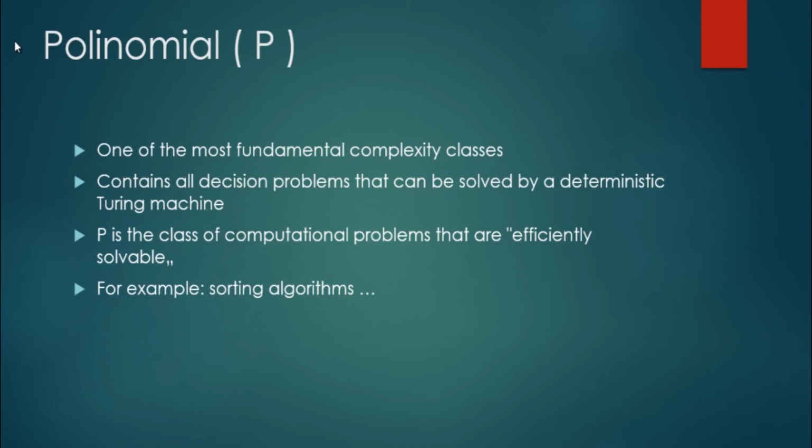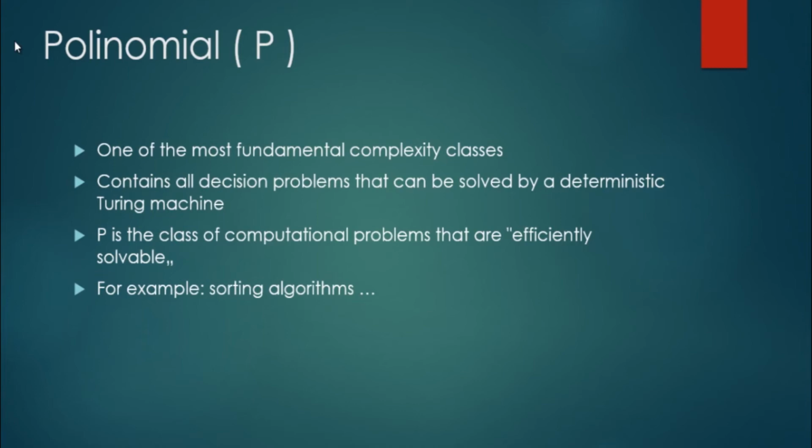The polynomial class is one of the most fundamental complexity classes. It contains all decision problems that can be solved by a deterministic Turing machine, and P is the class of computational problems that are efficiently solvable.